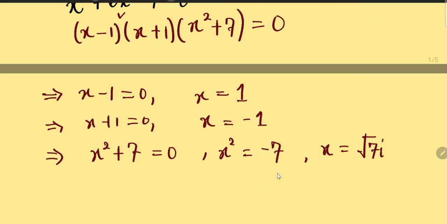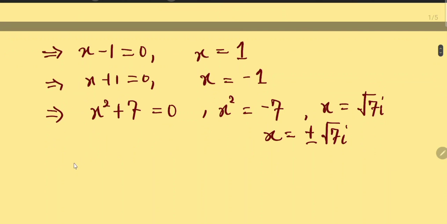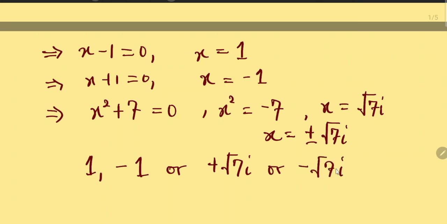That is, we can write this as x will now be positive or negative root 7i. Therefore, the values of x are either 1, that is the zeros of that polynomial, minus 1, or plus root 7i, or minus root 7i. These are the values of x that we are asked to look for.